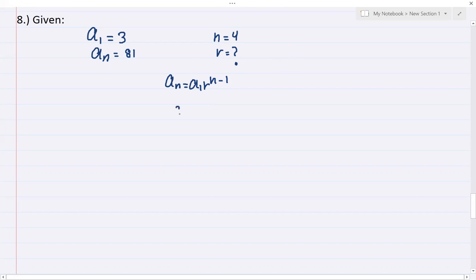A sub n is 81, equal to a sub 1, which is 3, times r raised to n, which is 4, minus 1. So you will have 81 is equal to 3r raised to 4 minus 1. Now you need to divide both sides by 3.